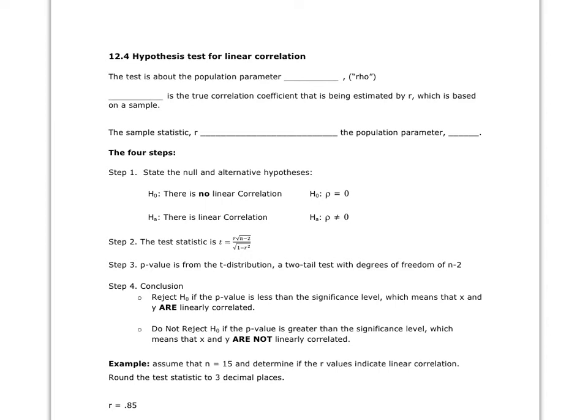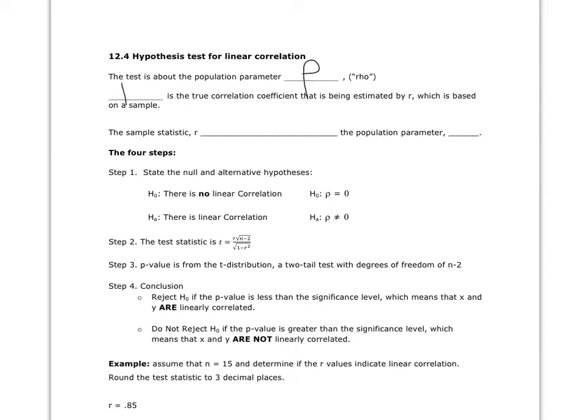So if we think back to hypothesis tests that we've done before, it always revolves around a hypothesis test about a population parameter. So we looked at hypothesis tests for population mean, mu, and population proportion, p. So the parameter is, we use the Greek letter rho. It actually looks kind of like a p. That's how you say it, rho.